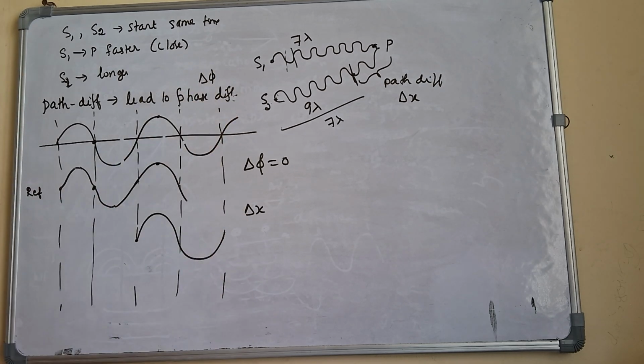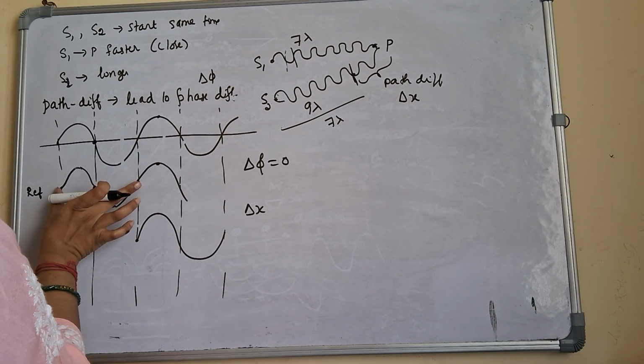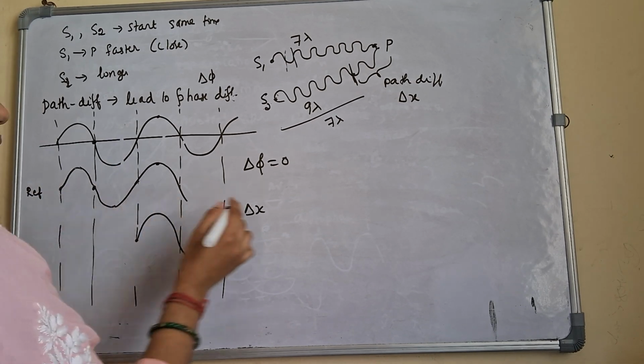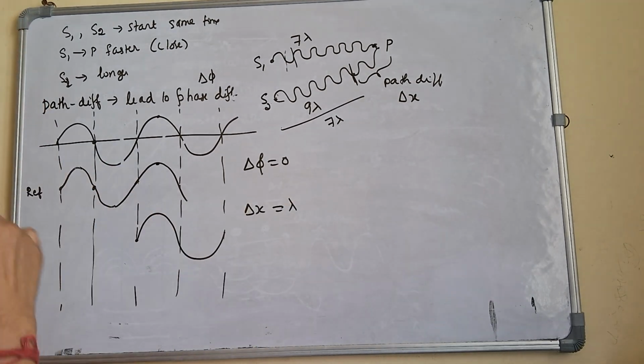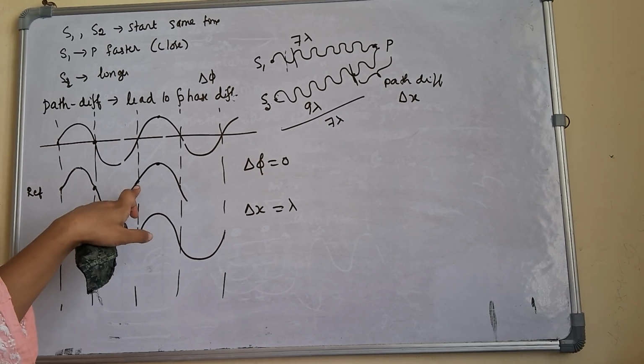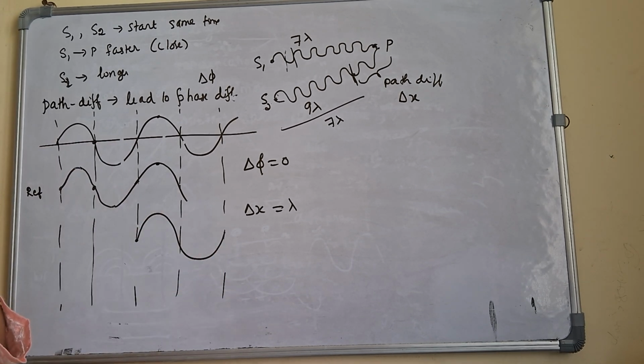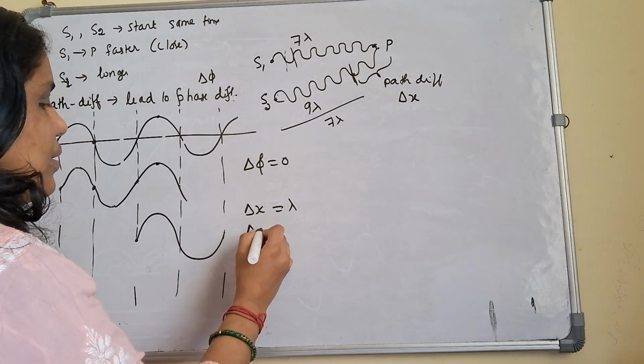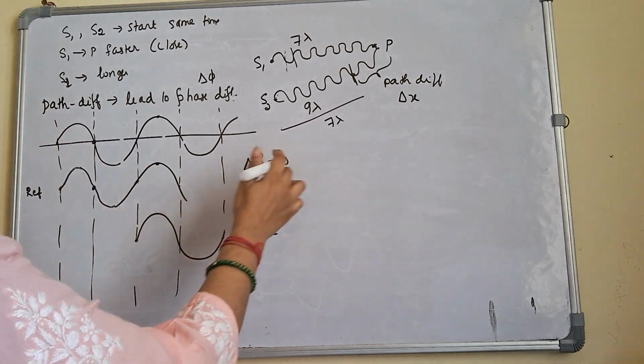Phase difference is delta phi. Now, what is the path difference? This has already completed one wavelength, it is lagging by one wavelength. So do you agree path difference is lambda here? This is one wavelength, right? So after one wavelength, this one has started. So path difference is lambda. What will be the phase difference here? Now here there is no path difference.